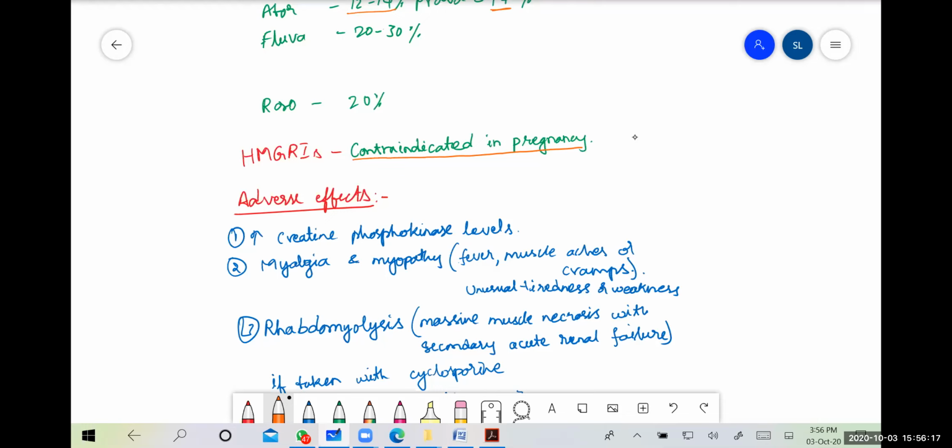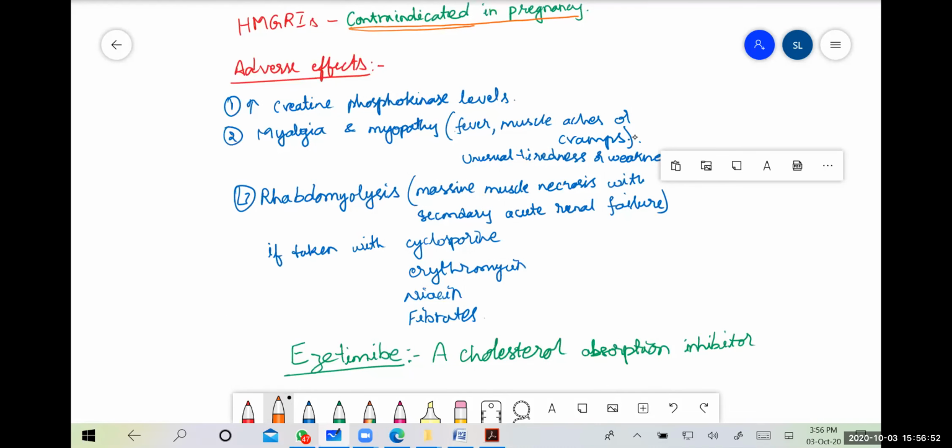In the womb, the growing embryo has a lot of new cells being produced, and as we know, all new cells require cholesterol. So if you are inhibiting cholesterol, or lowering the amount of cholesterol, then there may be a problem with the growth of the embryo or the fetus. That's why HMG-CoA reductase inhibitors are contraindicated in pregnancy, and should not be given to pregnant women.